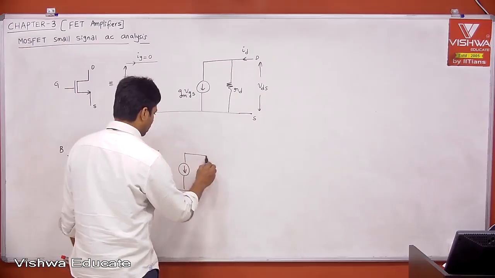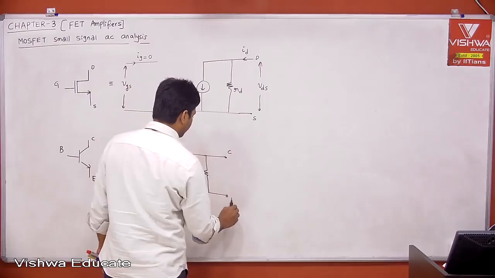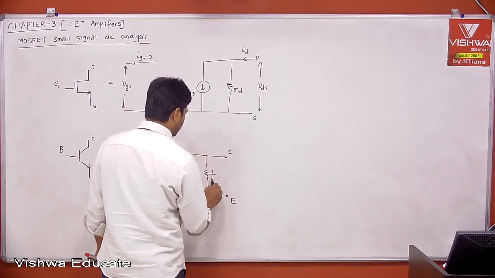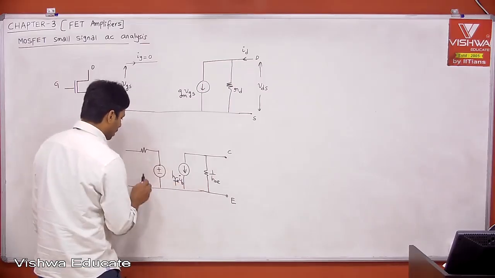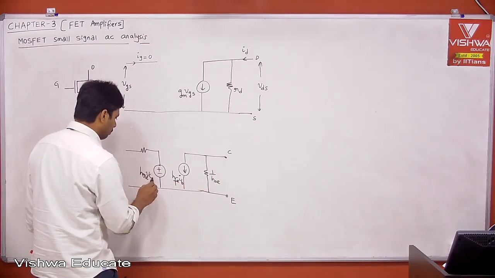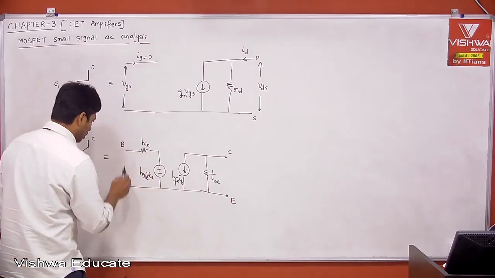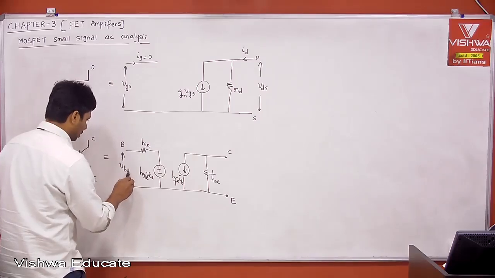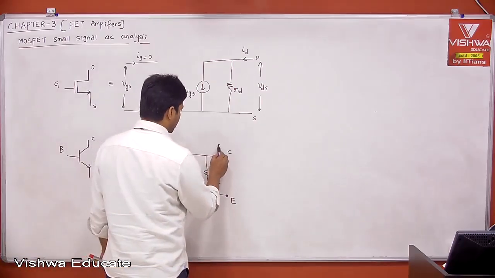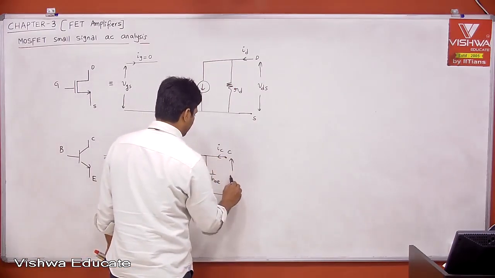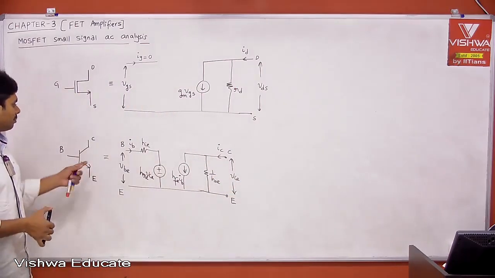I'll give you time to write down. This is collector, emitter, and this is 1 by HOE, and this is HFE into IB. This is HRE into VCE. This is HIE. This is base, emitter. This is VBE, and this is the base current IB, and this is the collector current IC, and you are going to have VCE. This is our equivalent circuit of BJT.